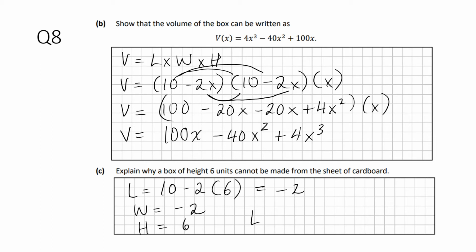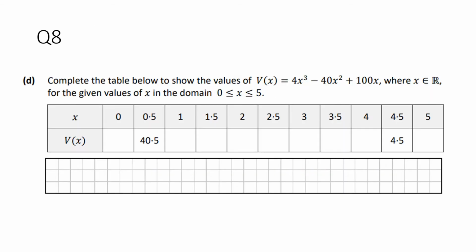So if you do length by width by height, you'd get minus 2 by minus 2, which is 4. 4 times 6 is 24. Now that works, but minus 2 cannot be a dimension, meaning you can't have minus 2 as a length or a width. So that's why that wouldn't work. So that is 5 marks.